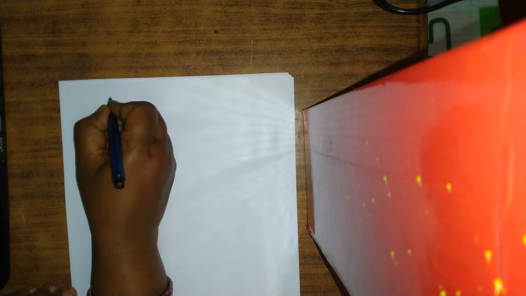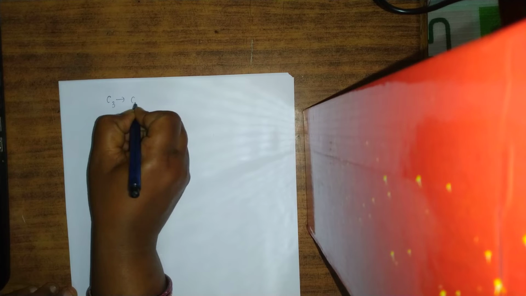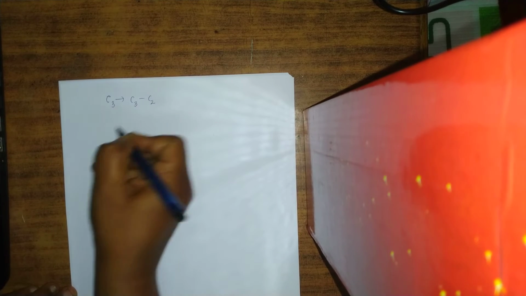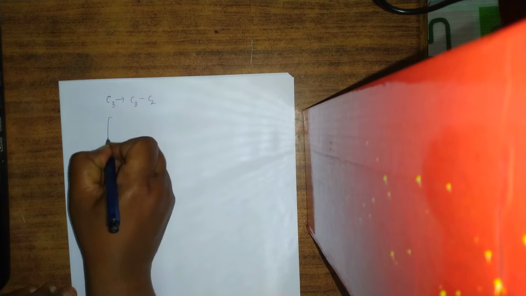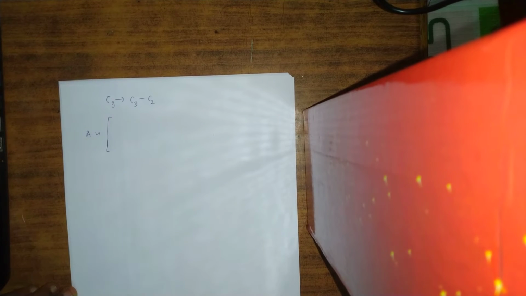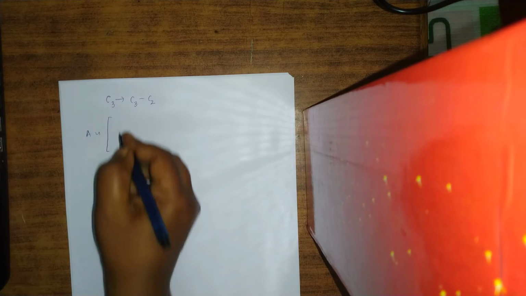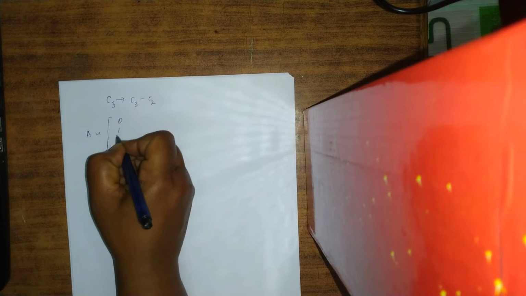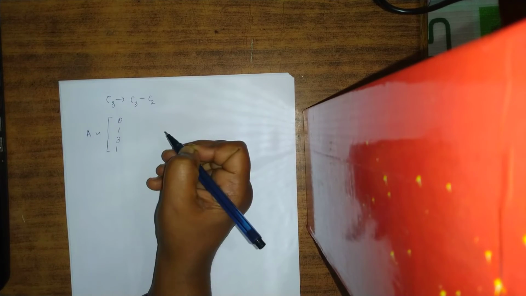Now continuing with this, for C3 we are going to do C3 minus C2. What are the changes now? Only column 3 is going to get changed here. The first column is as it is, 0, 1, 3, 1.